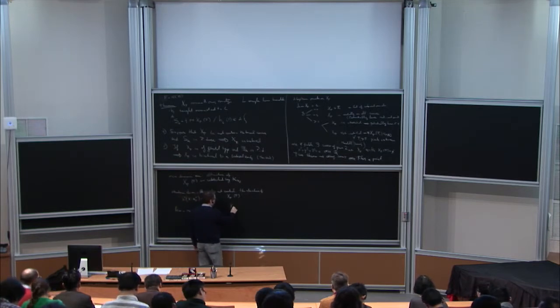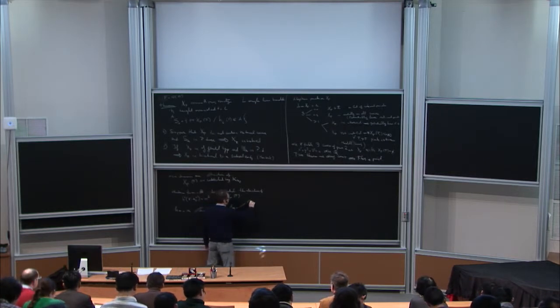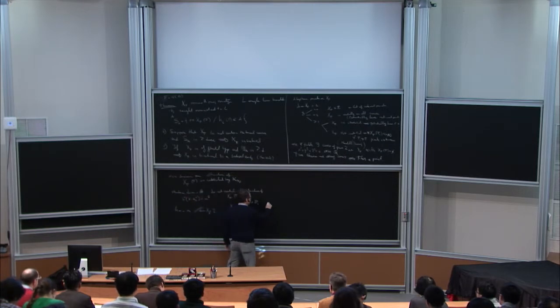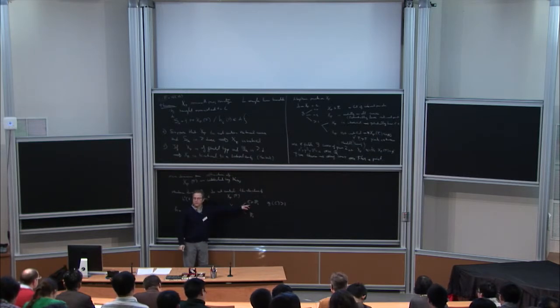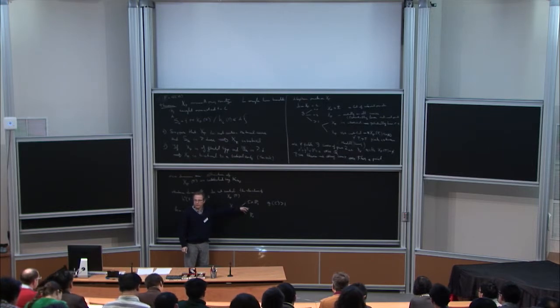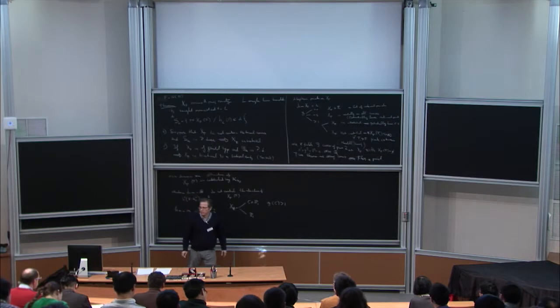Then you can have X = C times P1 or P2, where if the genus of C is bigger than 1, this has rational points that are never Zariski dense, and here the rational points are Zariski dense. So you see that there are two examples of varieties with the same Kodaira dimension where the behavior of rational points is completely different.